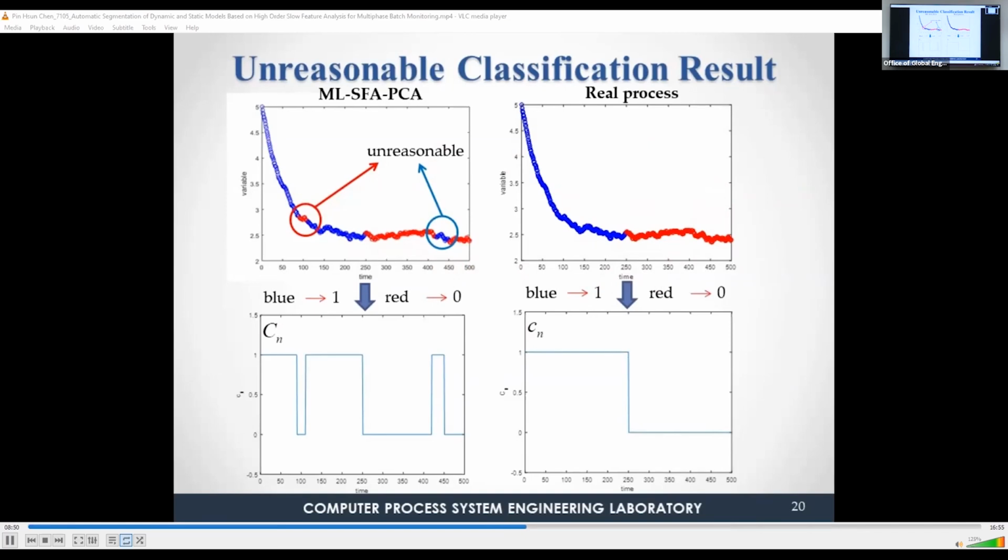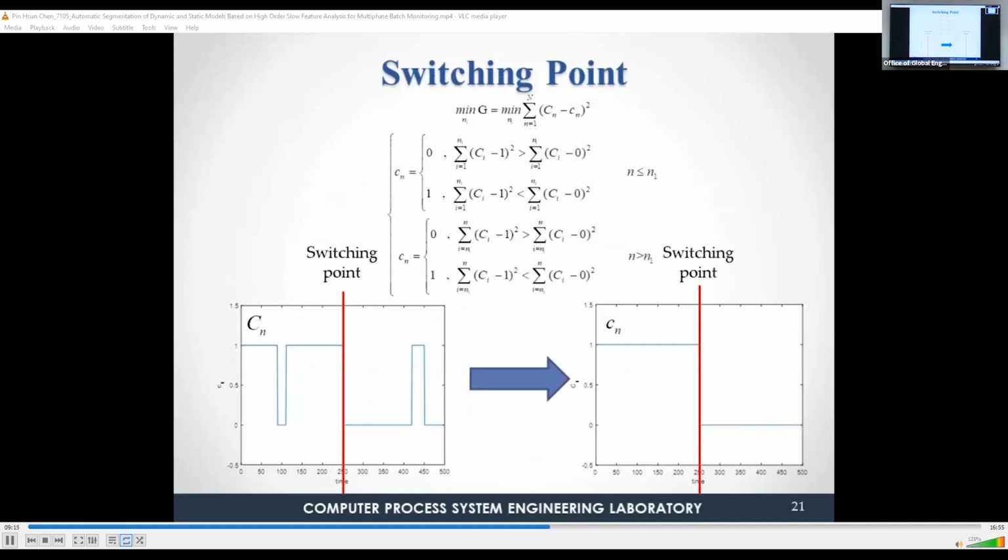If the part classified as dynamic is regarded as 1 and the part classified as static is regarded as 0, this can be transferred into the following two pictures. So we need to define another objective function to change the left picture into the right picture. The concept of this objective function is very simple.